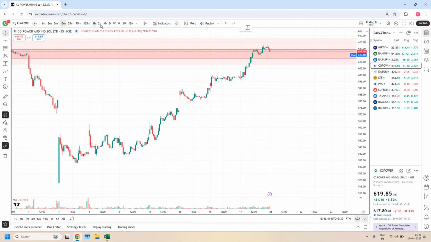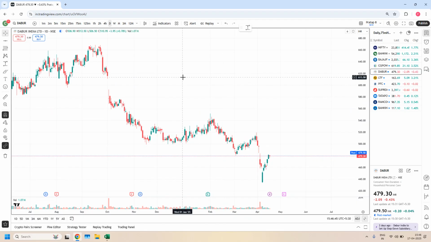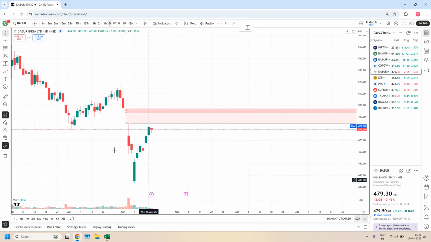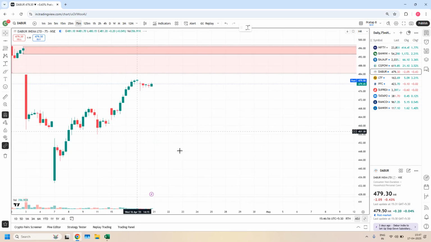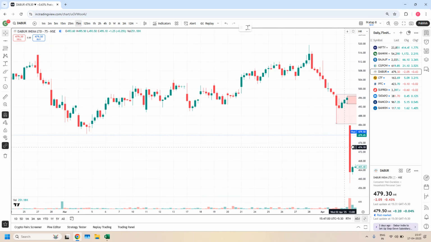And the next one is Dabur. Dabur is also a daily zone, drop base drop. This zone I have drawn today, but we identified it yesterday. We have a 75 minute zone. We have a rally, base, drop.